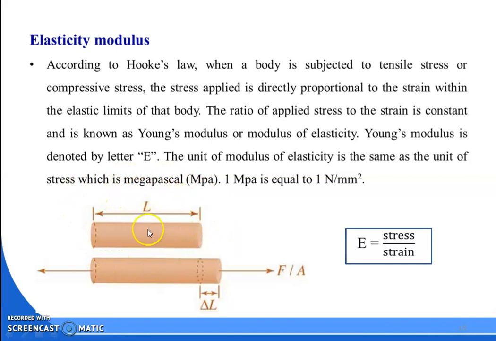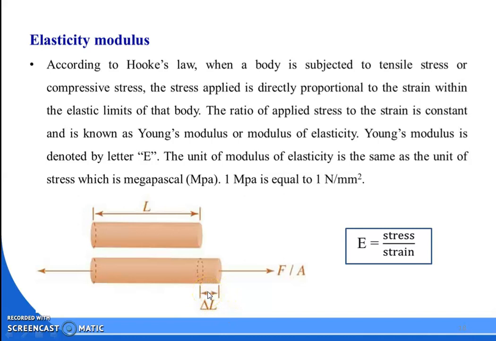The first figure is the original shape of the body. Then the body is subjected to tensile loading, that means tensile load is applied on both sides. Due to the loading, the body deforms. After loading, the body deforms up to this much. This is the deformation, which is denoted as del L.